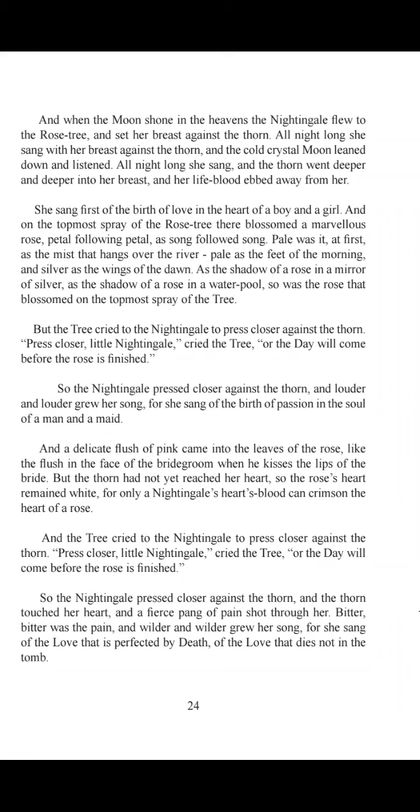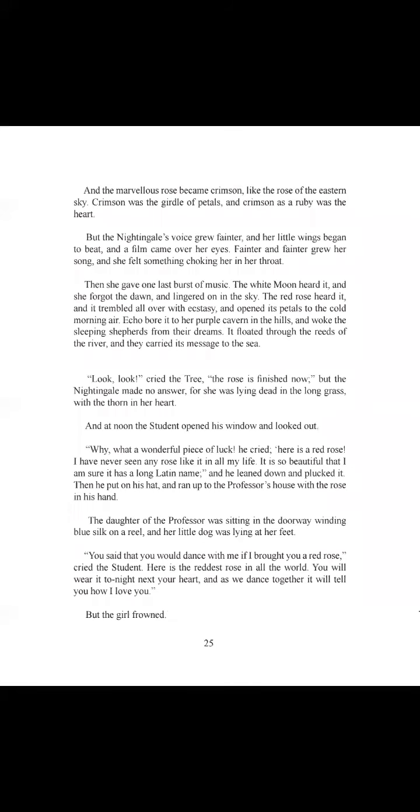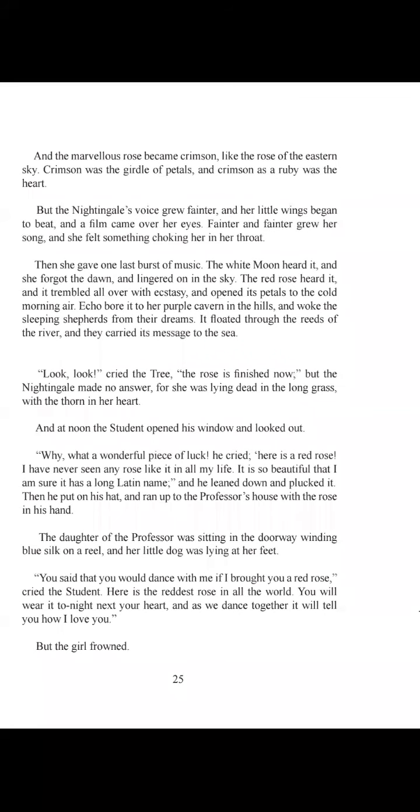And the other thing, the nightingale told what is the heart of a bird compared to a man's heart? That's why it pierced its heart against that thorn of the red rose to build up a red rose for the boy. And the marvelous rose became crimson. Wow.